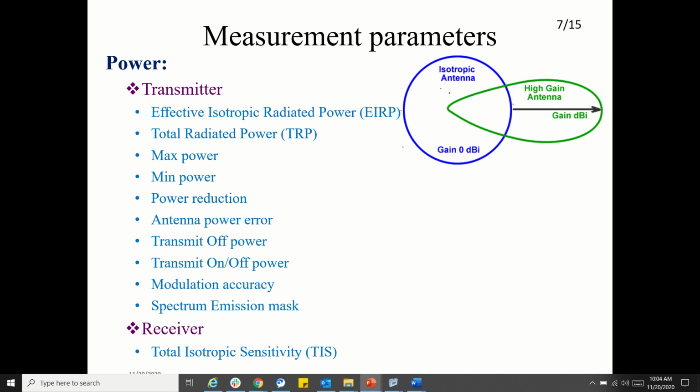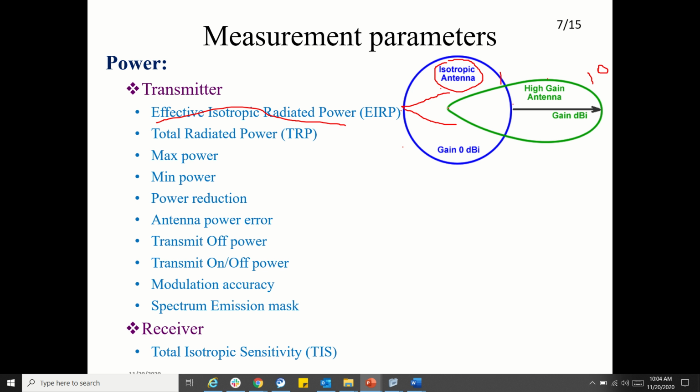And you have a horn antenna, for example, radiating in this fashion, the green color. Here the gain is, for example, 1, and here it is 10 dB, so the pattern is like this. So what power do I have to supply to the isotropic antenna, which means effective isotropic radiated power?